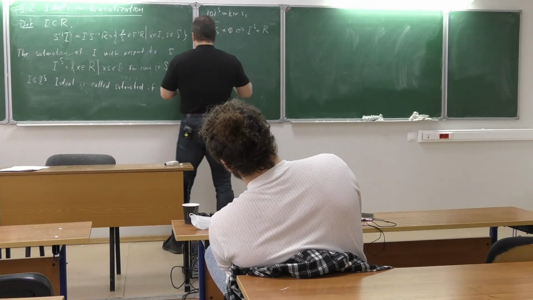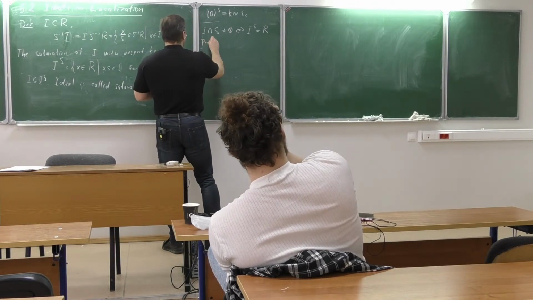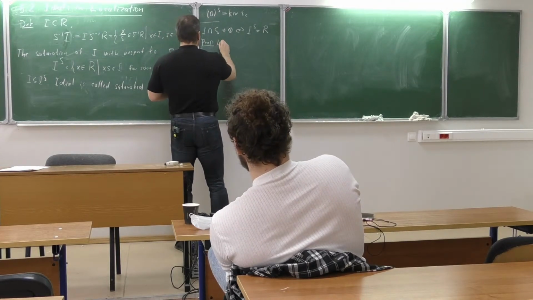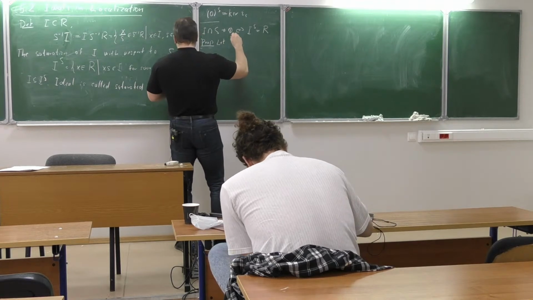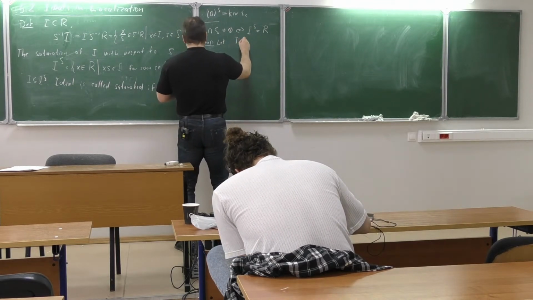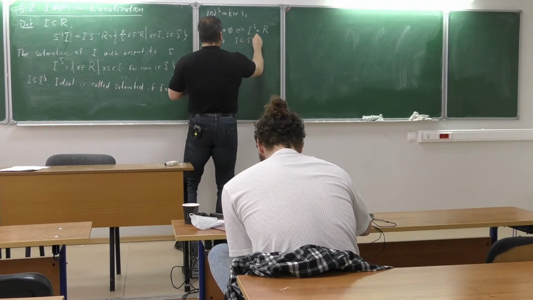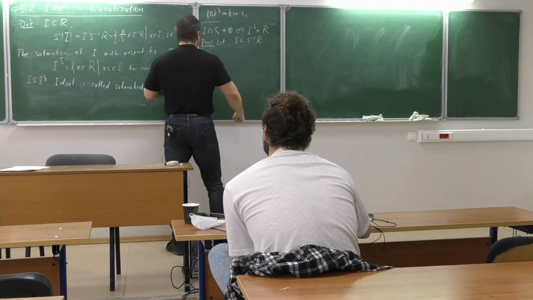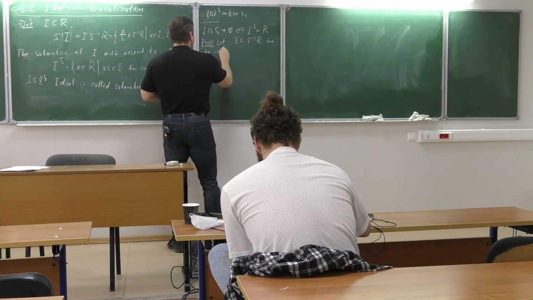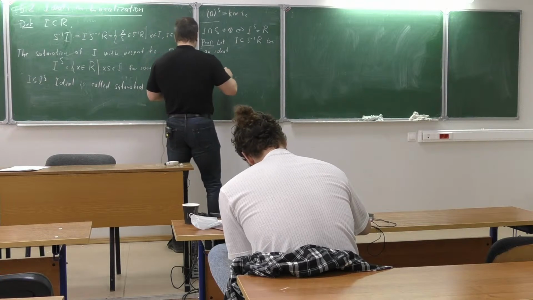Okay, now let's prove two propositions. The difference between the following two propositions is where I take the ideal. In the first proposition, I take an ideal J in the localization. So let J be an ideal.